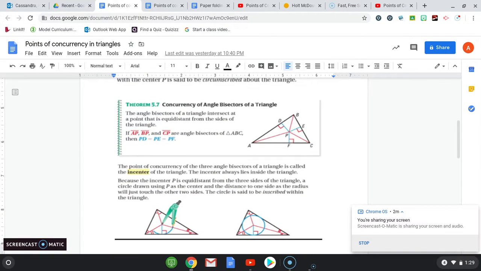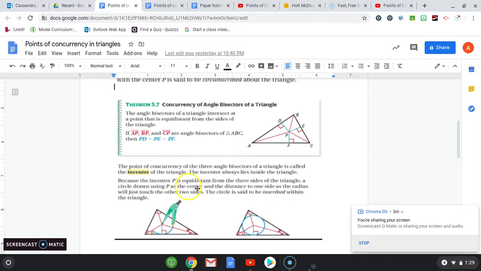Now, if I draw all of the angle bisectors in a triangle, then I have a point called the incenter. What's special about the incenter is it's the same distance away from the sides of the triangle. So if you were to draw a circle inside of the triangle with the incenter being the center of the circle, notice how the circle touches each side of that triangle. In other words, the radius of that circle is touching each of the sides.